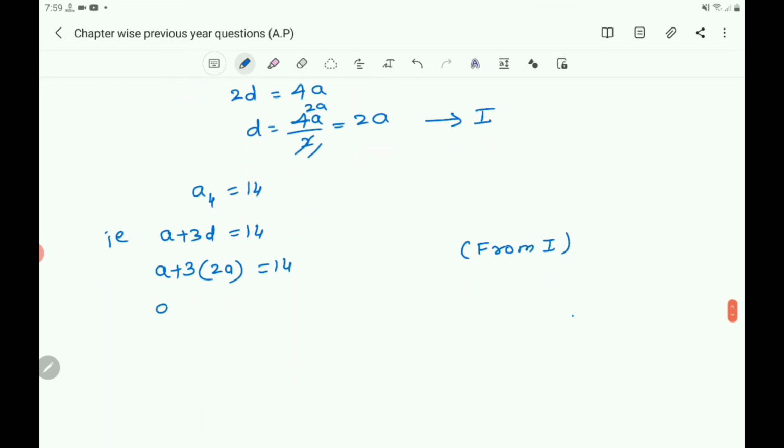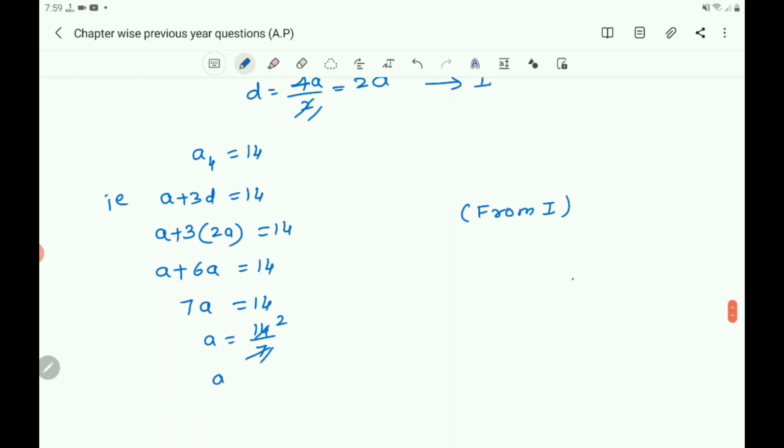Then A plus 3 into 2A is 6A equals 14. Then A plus 6A is 7A equals 14. So you got A is equal to 14 by 7. 7 1s are 7, 7 2s are 14, so A is equal to 2.